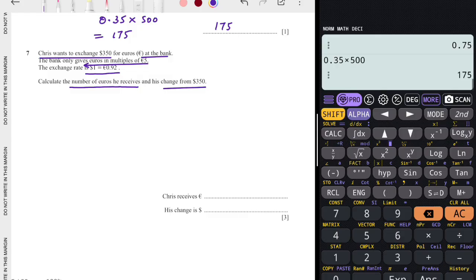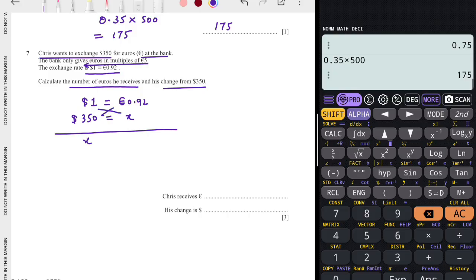$350. We know that against $1, euros are 0.92. Now we have to convert dollars into euros. So $350 would be how many euros? So we are going to cross multiply.